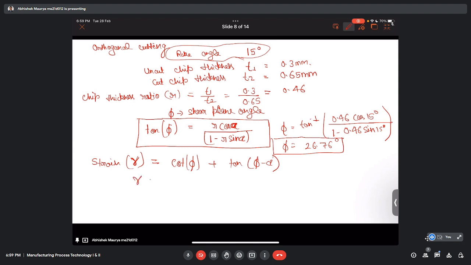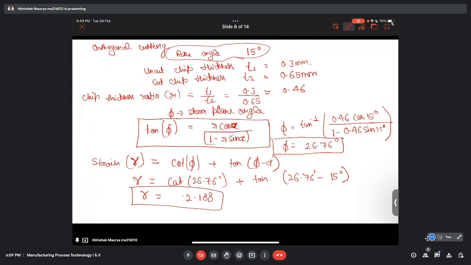Substituting the values, cot of phi, where we already got 26.76 degrees, plus tan of 26.76 degrees minus alpha. Alpha is the rake angle, 15 degrees. If you solve it, you will get the value 2.88. This is the value of strain, and this strain has happened because of plastic deformation of the workpiece material.